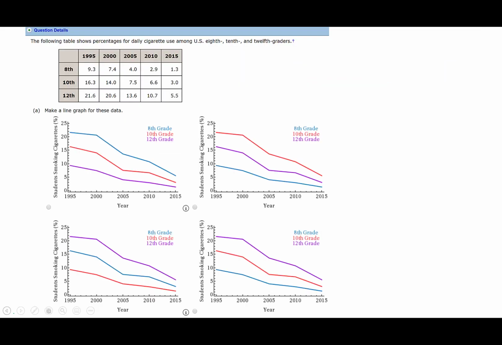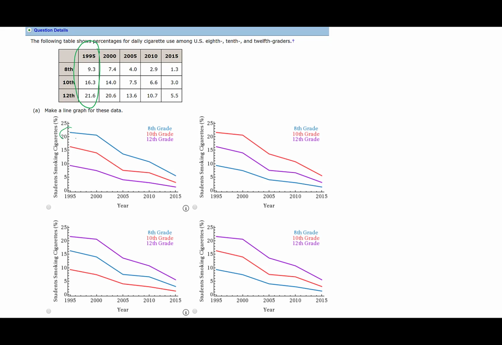Okay, for this question, it's asking us to look at the data and match which line graph correctly represents the data. Right now, let's just check this first column of 1995. Notice 8th grade is a blue line, 10th grade is a red line, and 12th grade is a purple line. 8th grade is a value 9.3.